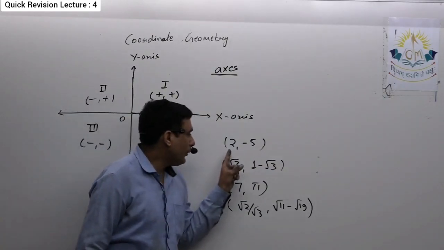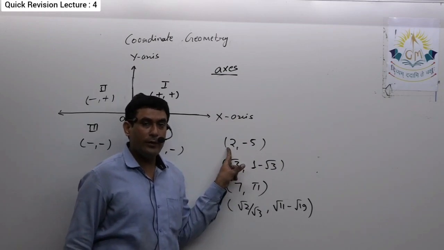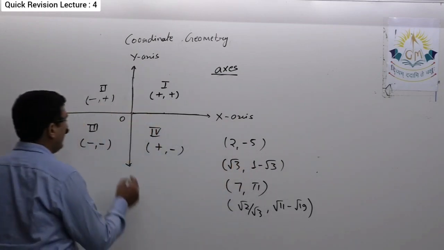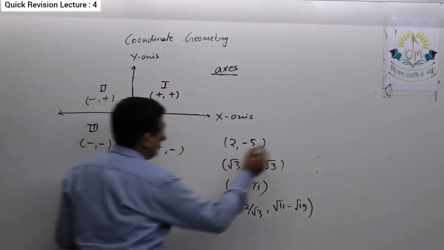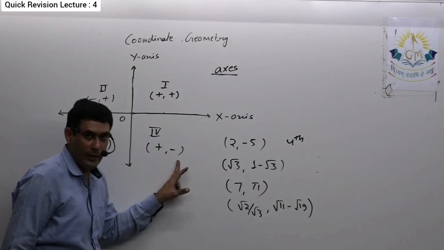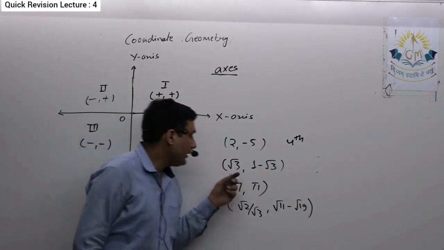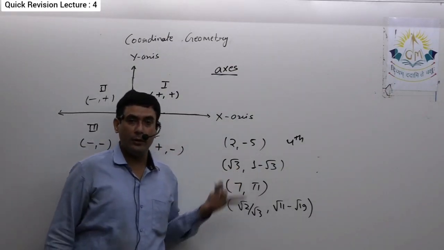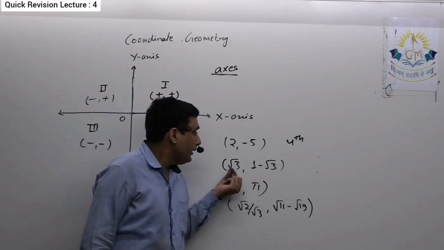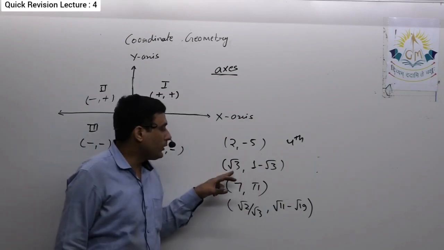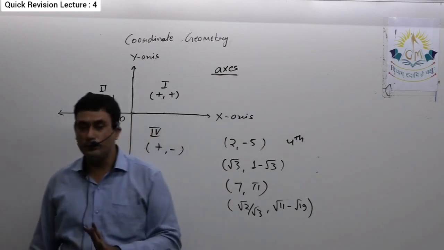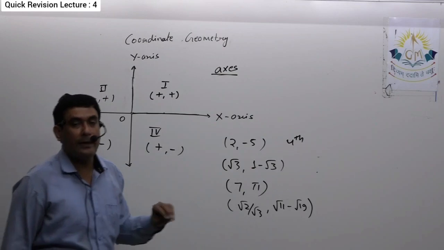See, the first point, its x coordinate is positive, y coordinate is negative. X positive, y negative. That means this will lie in the fourth quadrant. Now over here, (root 3, 1 minus root 3). Now don't get confused. You are not required to get the value of root 3. The only thing that you need to know is the sign of the coordinate.